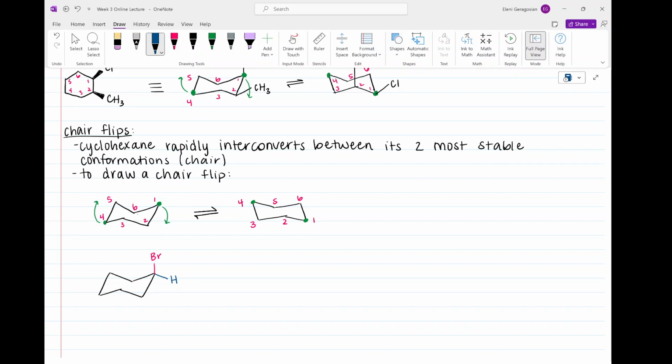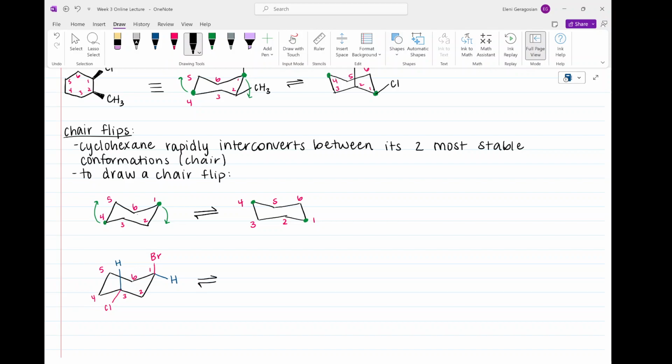And then let's do a hydrogen here, and a chlorine. So I've got the hydrogens in blue and the chlorine and bromine in that pink color. So if we number around, start at the top right, 1, 2, 3, 4, 5, 6.